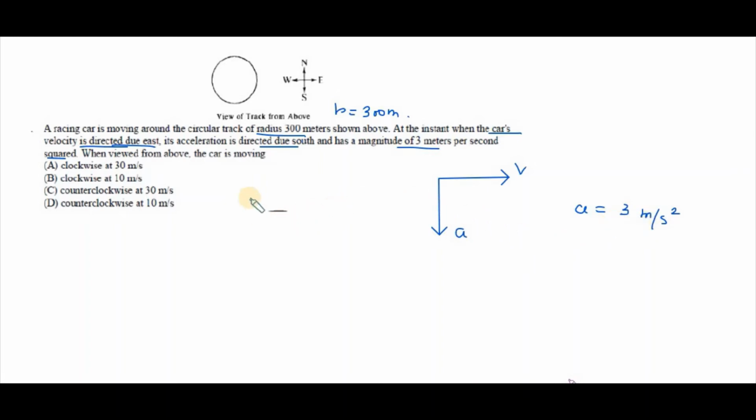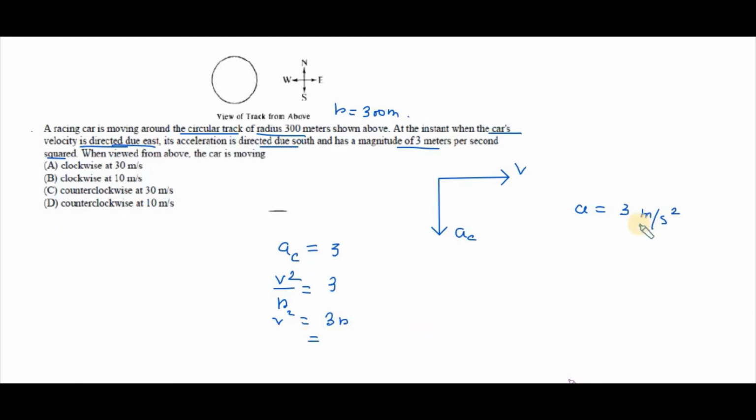Generally the acceleration they are talking about is a centripetal acceleration, because it's rotating in a circular track. We know that the expression of centripetal acceleration is v square upon r, which is equal to 3. So from there we can say v square equals 3 into r.